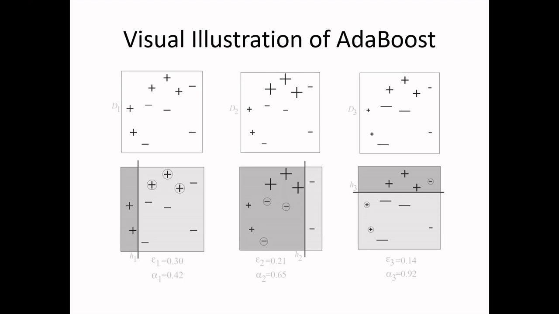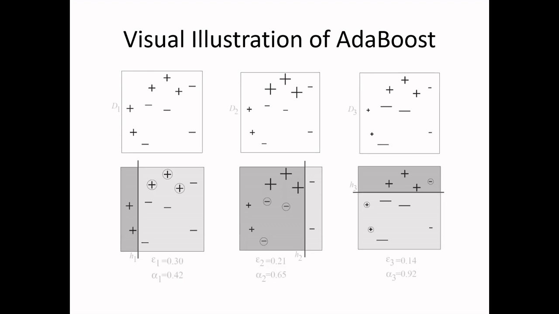So let's go to the top row now in the center panel. If you look at the top row in the center panel, you will find that the size of the plus marks or cross marks for the examples that were misclassified has gone up.